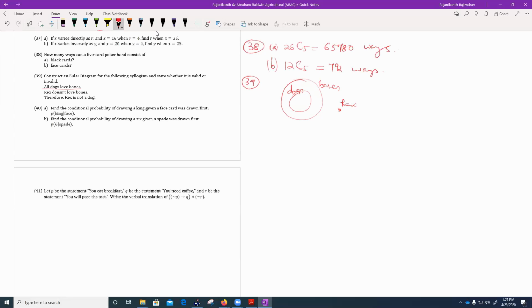Therefore, Rex is not a dog. Yes, Rex is outside of the dog set. Therefore, this makes sense. So it is valid. So just submit.